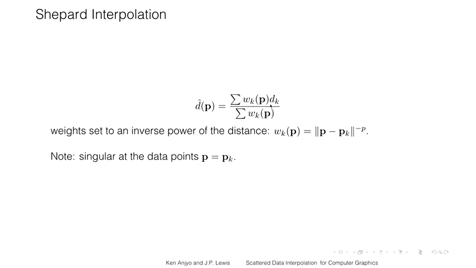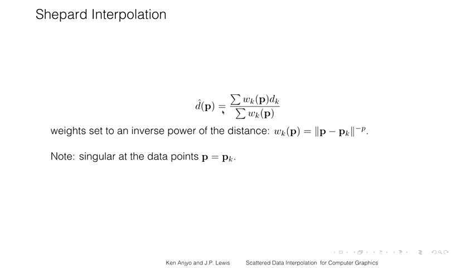So W sub k at the current location times the kth data point. Now W sub k indexed by P is some weight function that is high at the point it's located at, and it falls off away from those.